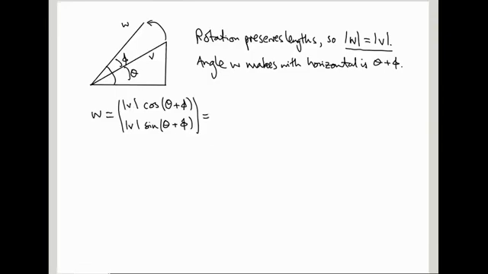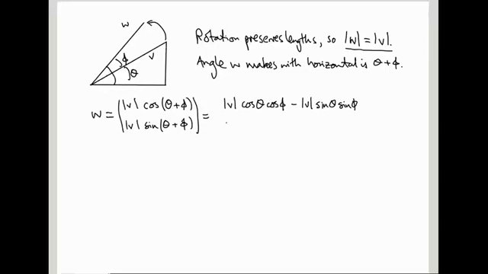Now, looking at this expression, we can try to expand these trig functions using the addition formula from trigonometry. This top entry is going to be norm v cos theta cos phi minus norm v sine theta sine phi, because norm v is outside the whole thing. This is the trigonometric addition formula; it expresses cos of a sum in terms of a combination of cosines and sines.